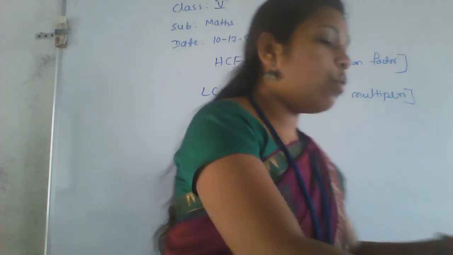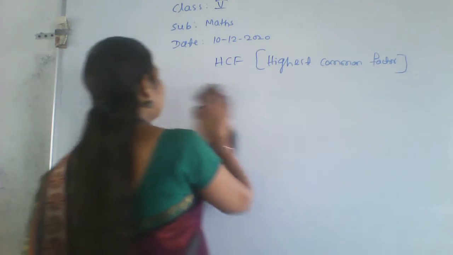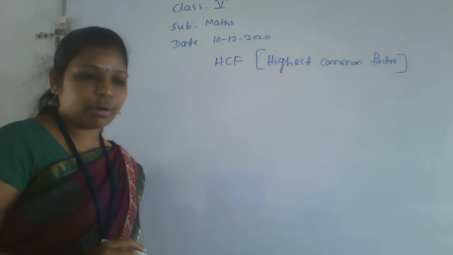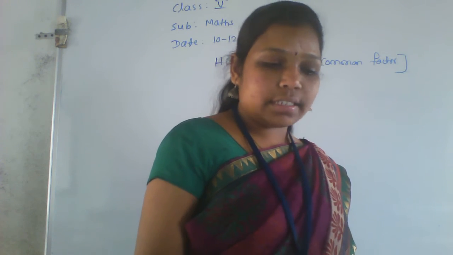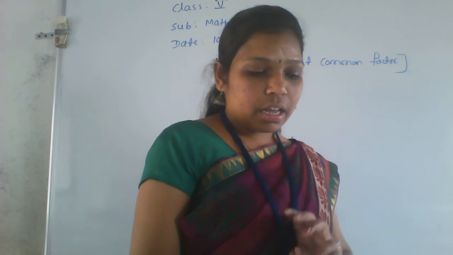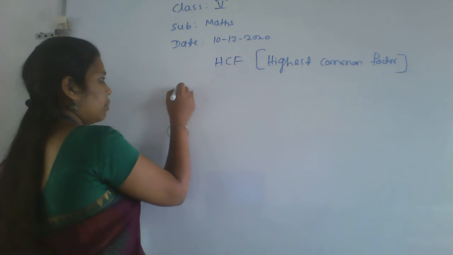Okay. Now we'll see only HCF first. After HCF, go to the LCM. Okay. Now see here, that is the HCF, the highest common factor. Okay, here we are having three methods. First one is the short division method.